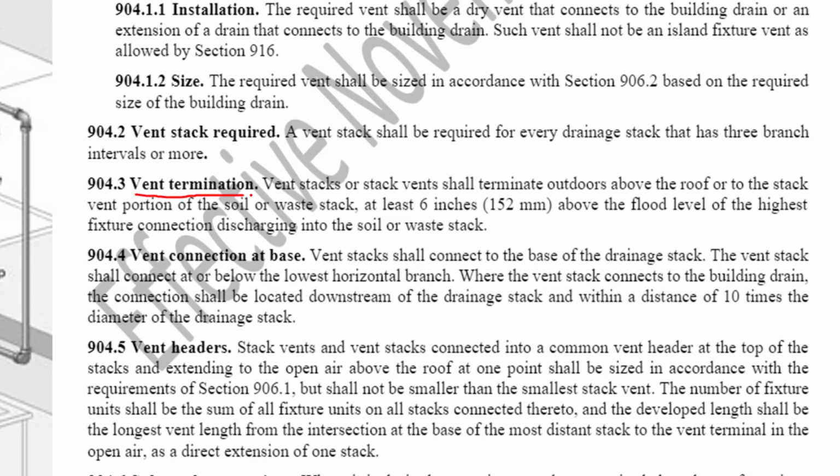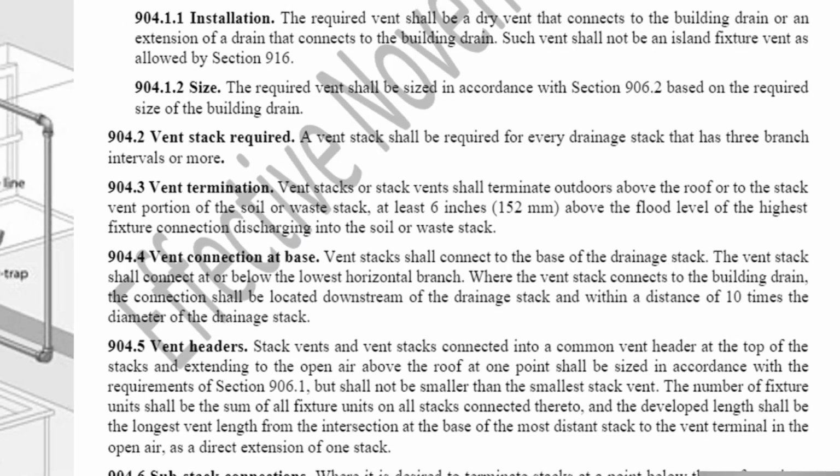Next, vent termination. The vent stacks or stack vents shall terminate outdoors above the roof or to the stack vent portion of the soil or waste stack at least 6 inches above the flood level of the highest fixture connection discharging into the soil or waste stack.